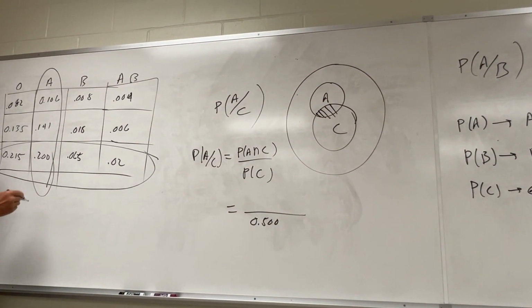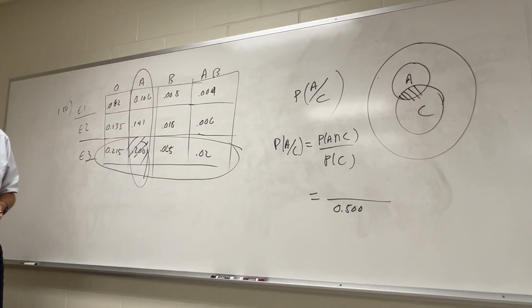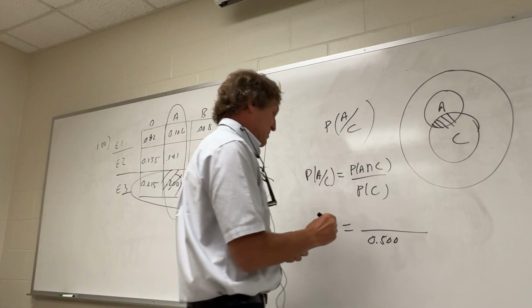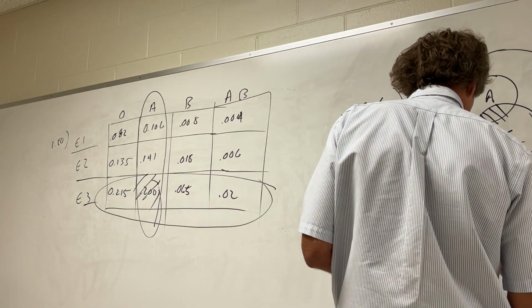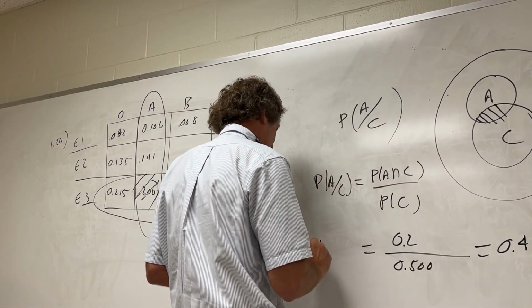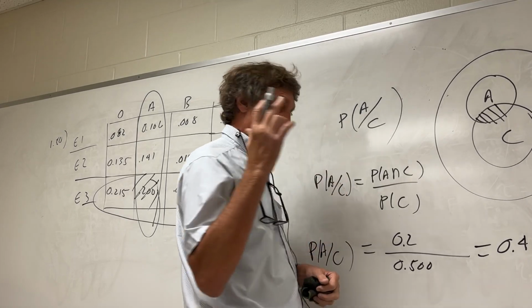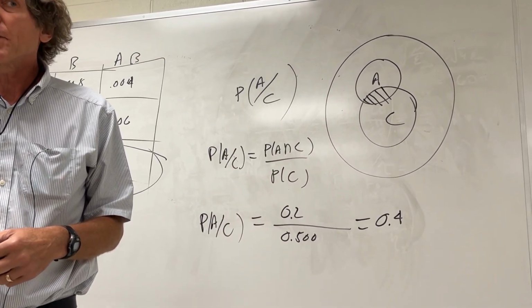Well, that intersect area is right here. Do you all see this in class? That's where they intersect, so it's 0.2, right? 0.2, and that means this is 0.4 for probability of A given C. And is that right in the book that you have? Class? Yes, sir.